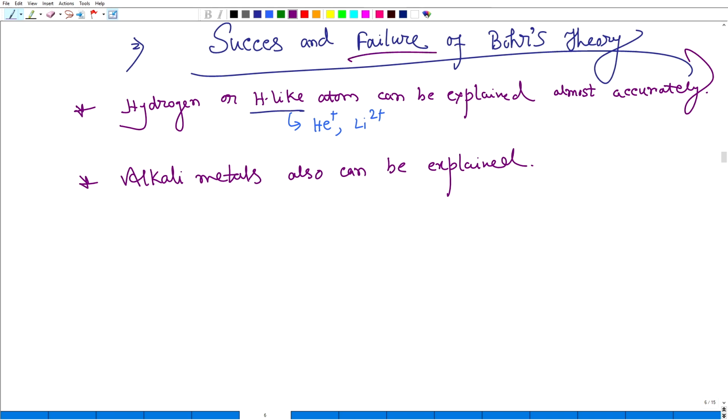But what are the drawbacks or the failures? The failure is that this Bohr atomic model is actually valid only for the hydrogen atom, because he did the total calculation for the hydrogen atom. If you want to use this result for other atoms, it will not be applicable, because in those cases the number of electrons is more than one and there are other interactions.